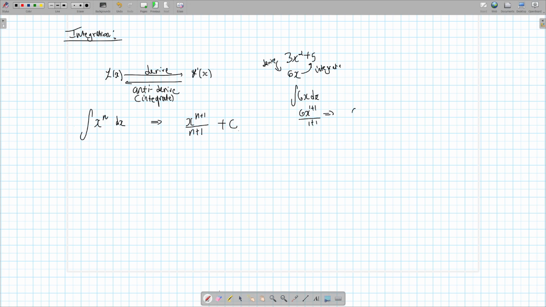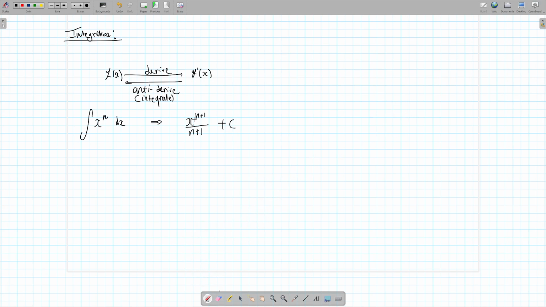So you get 6x squared over 2, which becomes 3x squared. We're going to say, you're missing something. There's this plus 5. This constant is lost when you derive. So when you integrate, you have to write plus c to basically tell the person that there's actually a constant here. Sometimes the constant might be 0, but you still have to write the plus c. Okay? And you can find the constant later. We'll show you later. Fine.